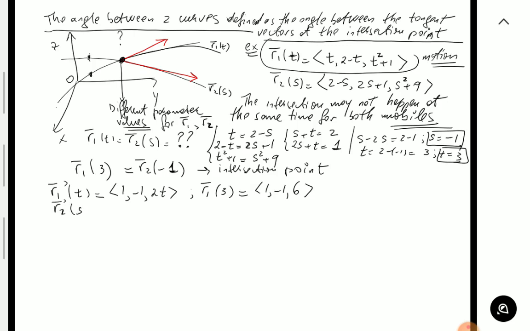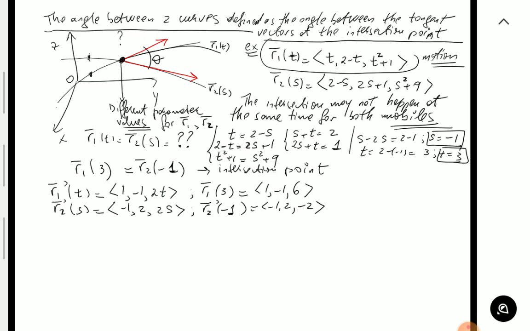Second curve, R2 of s. R2 prime of s, differentiate, that's minus 1, 2, and 2s. And at parameter value minus 1, that becomes minus 1, 2, and minus 2. So let's find the angle between them.